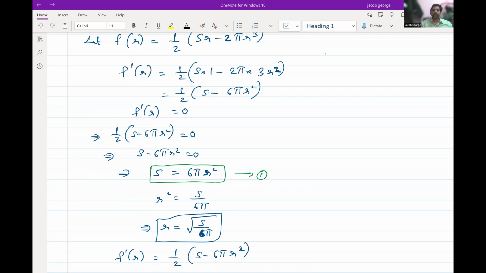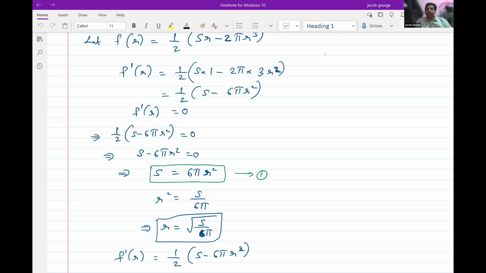From there we write r square is equal to s by 6 pi, or r is equal to square root of s by 6 pi. This is the critical point. Here that s is equal to 6 pi r square is also required for the final step.